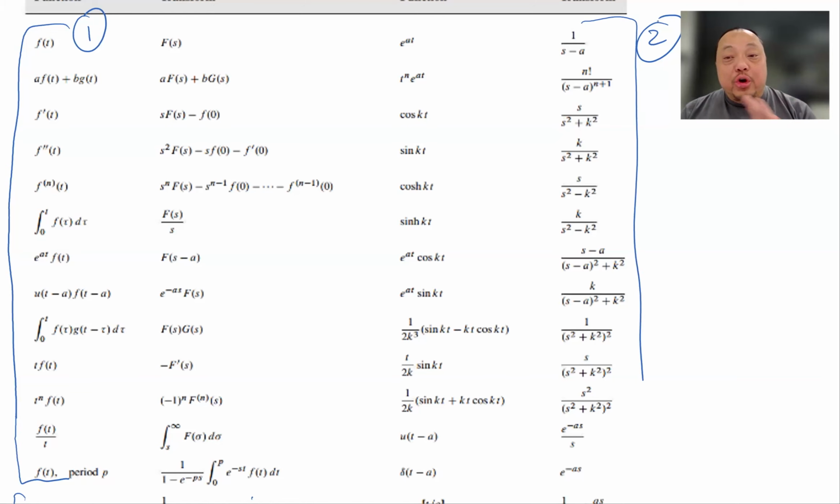Most people do not have the second part memorized. This is unlike when you learned derivatives and integrals in calculus, where you're supposed to memorize the entire table of derivatives and the entire table of integrals. Most people don't expect you to have the entire table of Laplace transforms memorized. As you use them, you will end up memorizing a few of them, but probably not all of them.